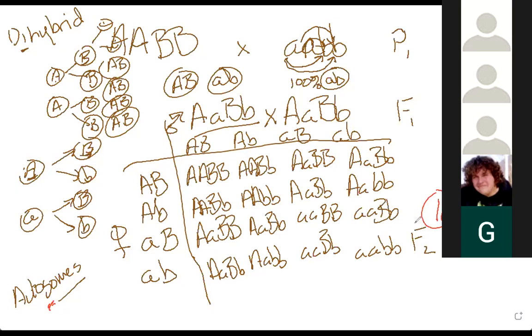So you get 16. And you can actually see patterns begin to develop here, okay? Look at the diagonal. Notice anything about that diagonal? They're all the same. Not only are they the same, every one is a double heterozygote.